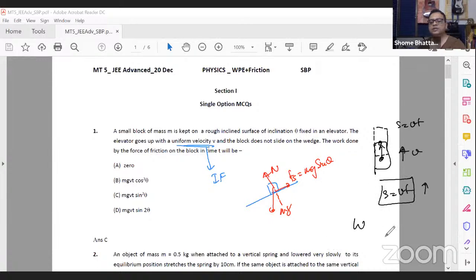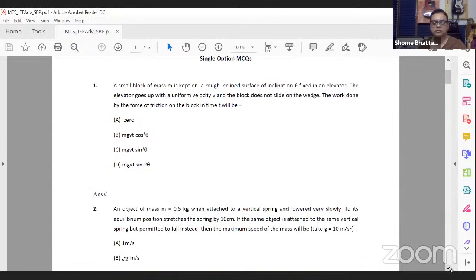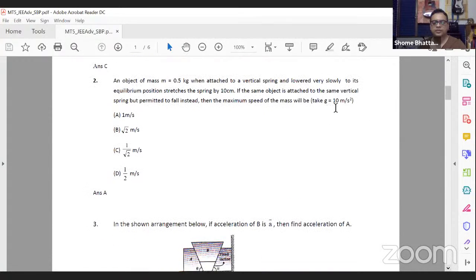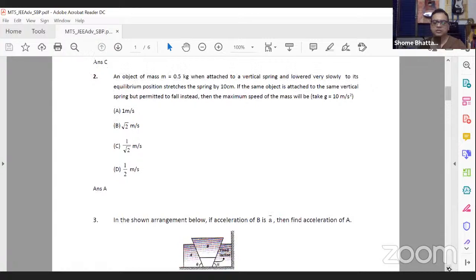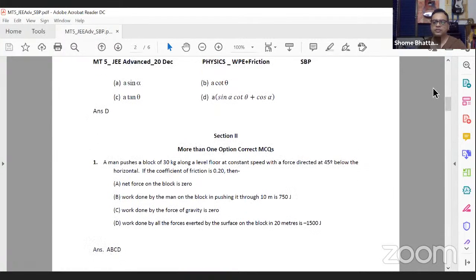So you'll have to calculate work done by friction by calculating the dot product of static friction with that displacement. So this is the hint I'm giving you for the first question, in case you have a doubt in it. This should be fairly easy. Now this question, the third one, I'll give you a hint.